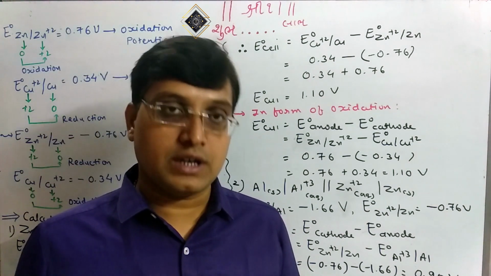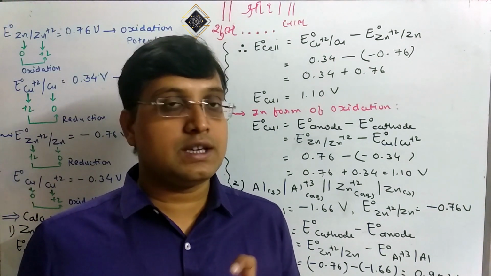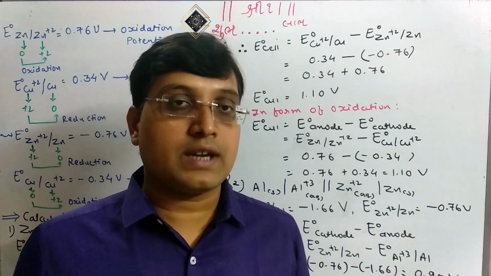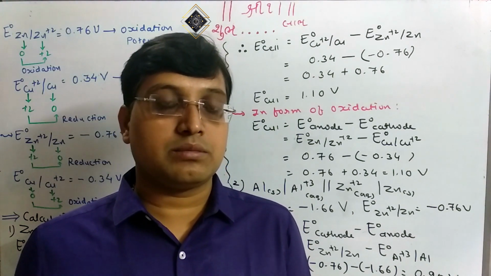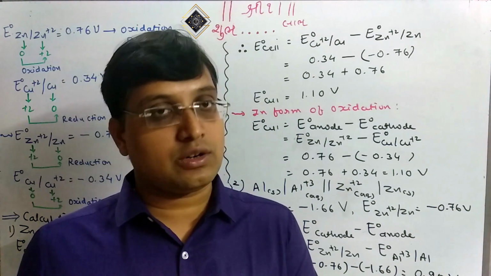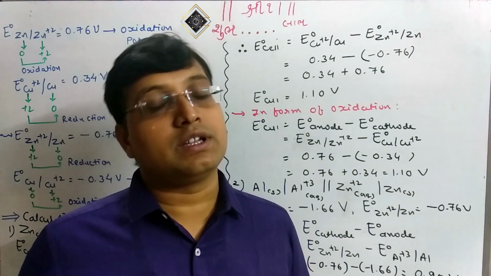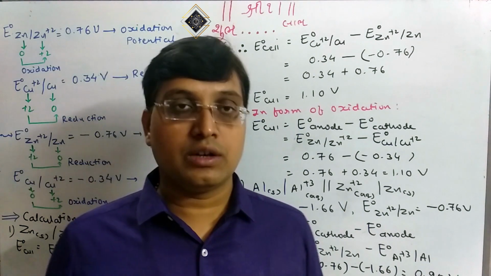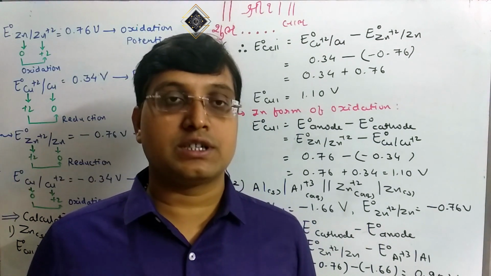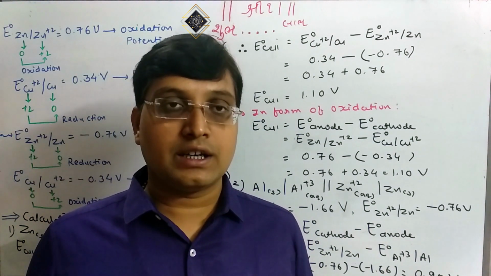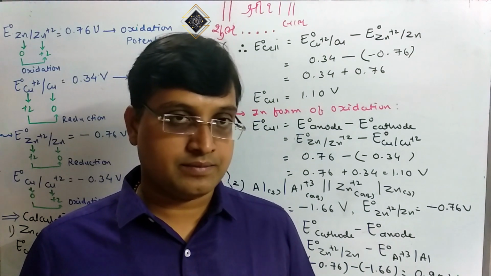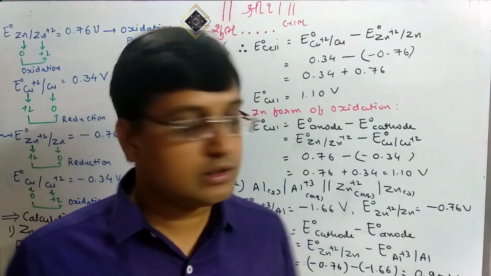If both are in reduction, then use E0 reduction of cathode minus E0 reduction of anode. If one is in oxidation form and the other is in reduction form, then convert both half cell potentials into the same form, either oxidation or reduction. Clear? Okay, so write down.